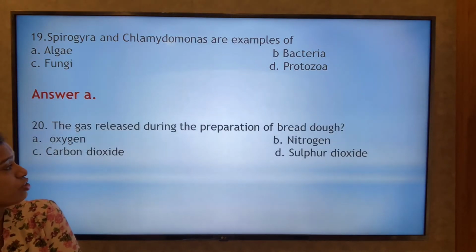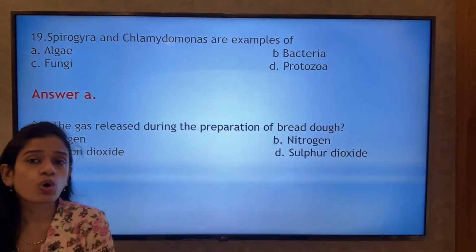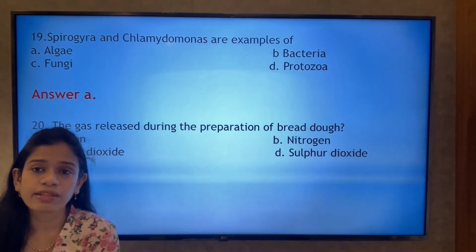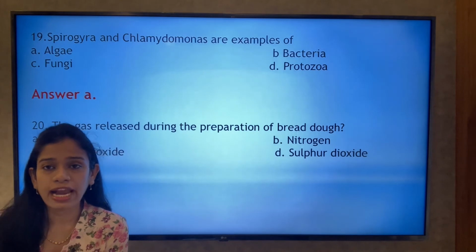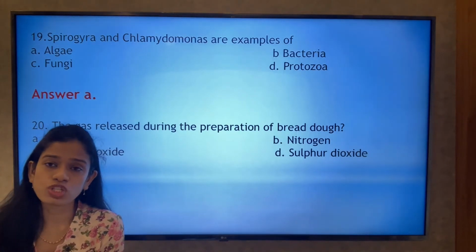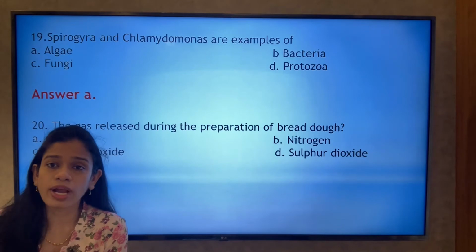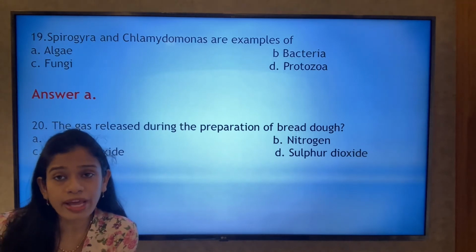The gas released during the preparation of bread dough. When we read in the chapter about bread making, something is added and mixed with the dough, and the dough is kept for at least 1 hour. This helps the dough in rising.